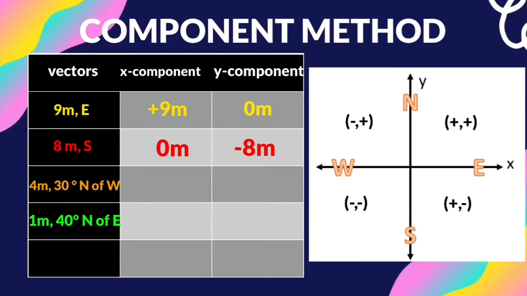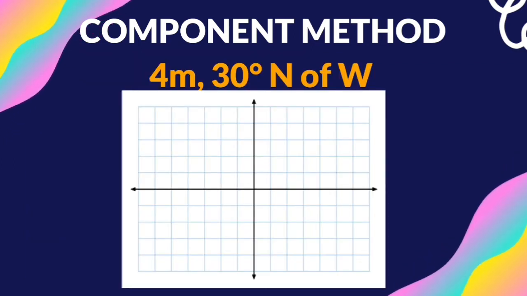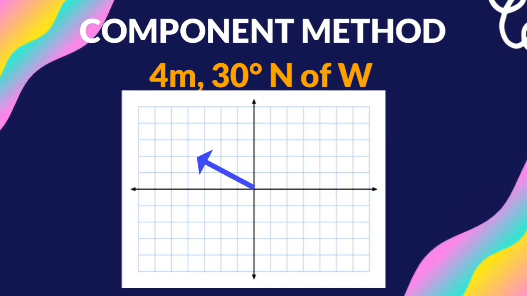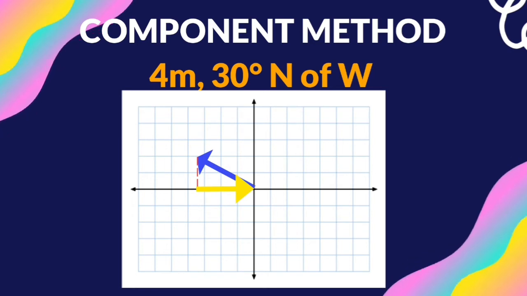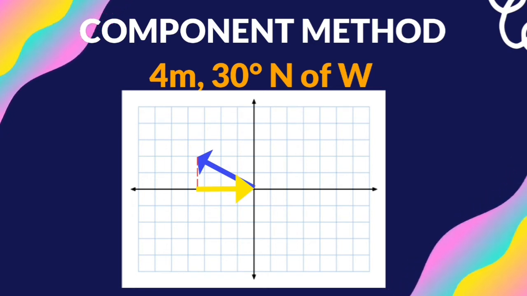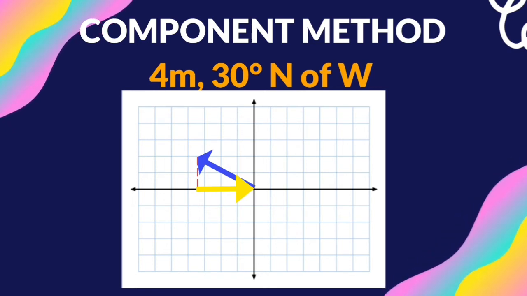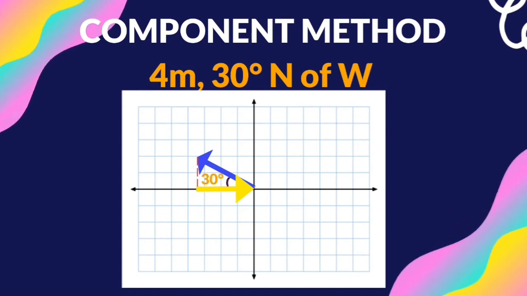In the third and fourth vectors, we will use the trigonometric sine and cosine functions to find x and y components. We also use the tangent function. Before we do that, let's find out the direction of 4 meters 30 degrees north of west. It started from the west, then went to the north, and our angle theta was 30 degrees.